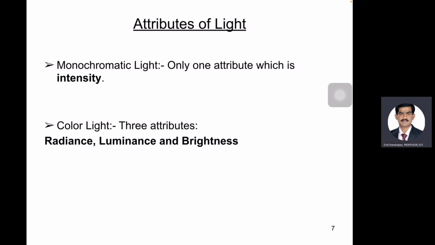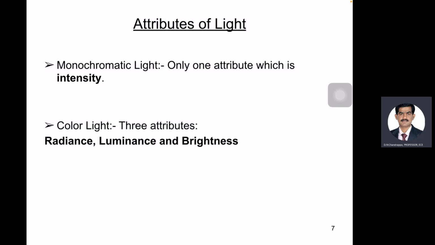So when we consider the human eye, there are 6 to 7 million cones in the human eye, which can be divided into 3 categories, mainly red, green and blue, RGB. 65% are sensitive to red, 35% are sensitive to green, 2% are sensitive to blue.